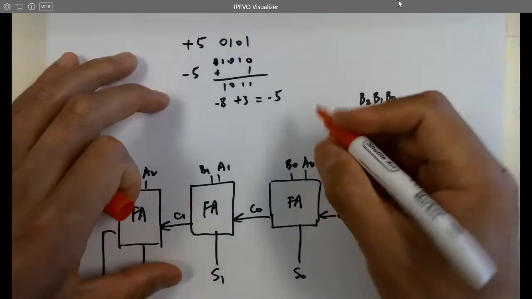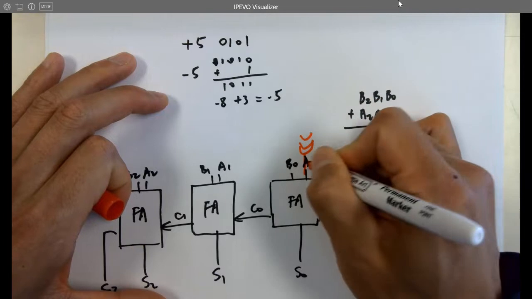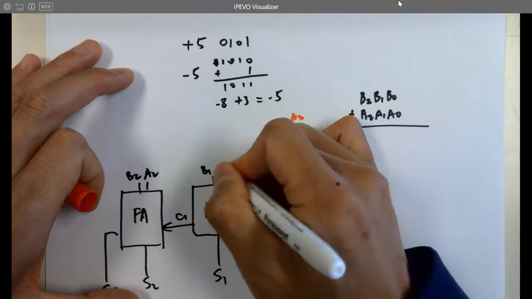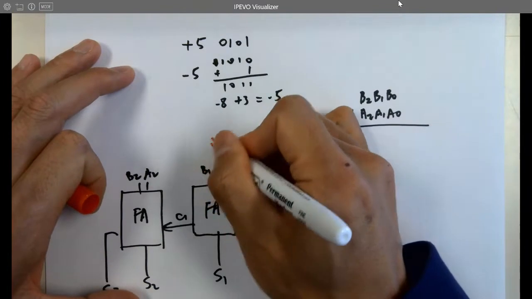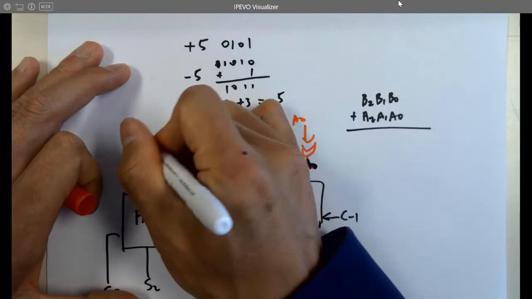So the design is like this. XOR gate. Instead of using A here, they use this A0 here. So not here anymore.